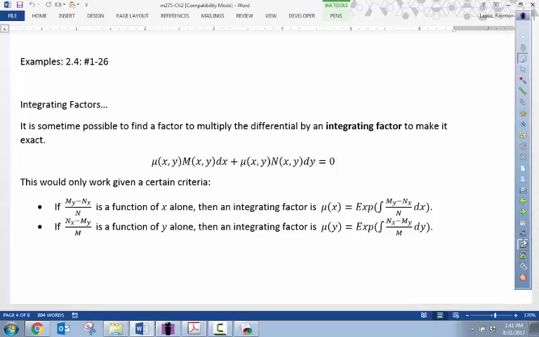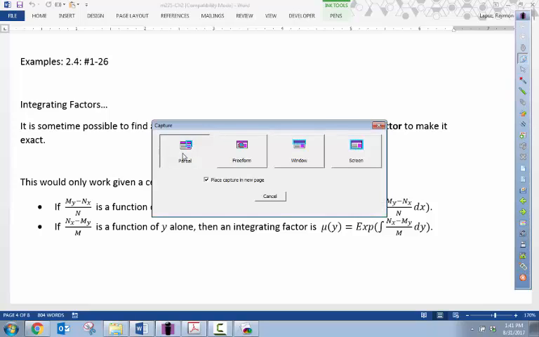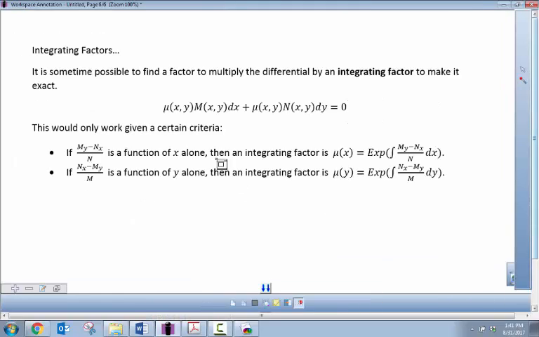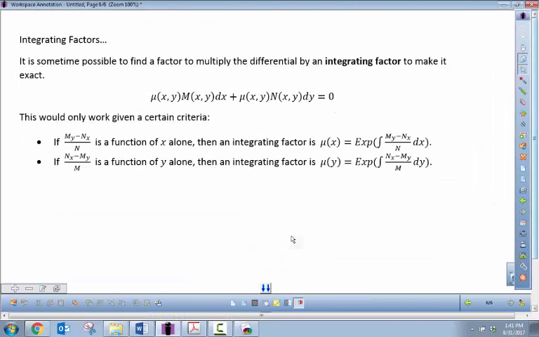So let's take a look at an example. Let's see how easy this is going to be. Let's take a look at an example where we have a problem that wasn't an exact differential equation, and let's find an integrating factor for that.